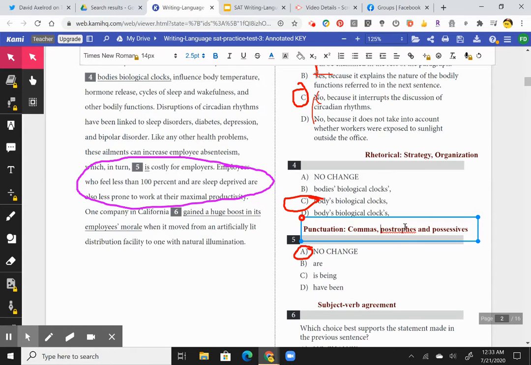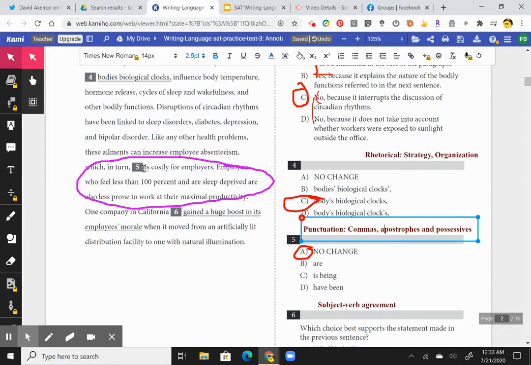So I should probably add commas there as well. That's addressed. And then number 5 is a subject-verb agreement question. Like any other health problems, these ailments can increase employee absenteeism, which in turn is costly for employers. The key is knowing what word or phrase is the subject that we're trying to agree with.